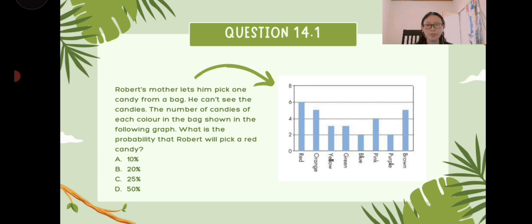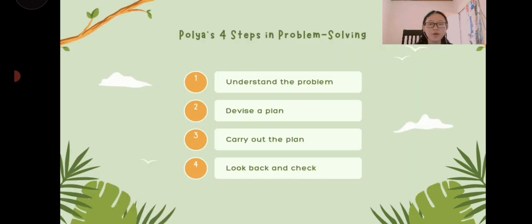What is the probability that Robert will pick a red candy? A is 10%, B 20%, C 25%, or D 50%.